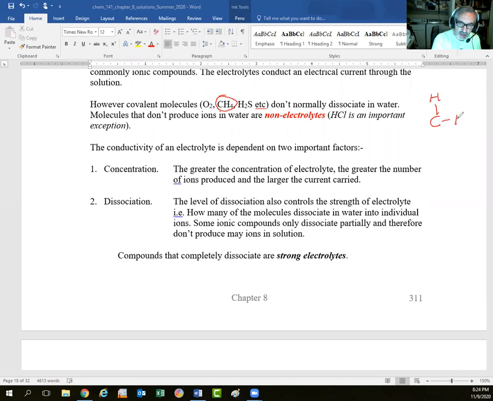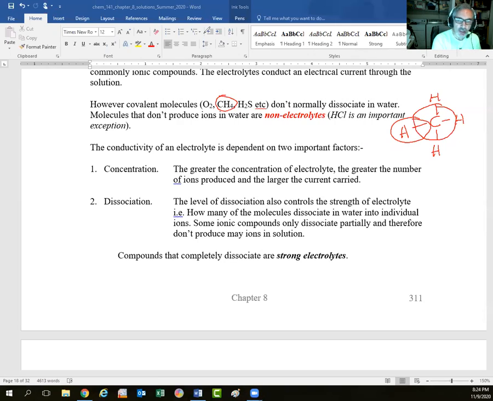Carbon at the center, it needs to form the most bonds. We connect it to the hydrogens, and with 1, 2, 3, 4 chemical bonds, we complete the duets of the hydrogens, but also complete the octet of the carbon.